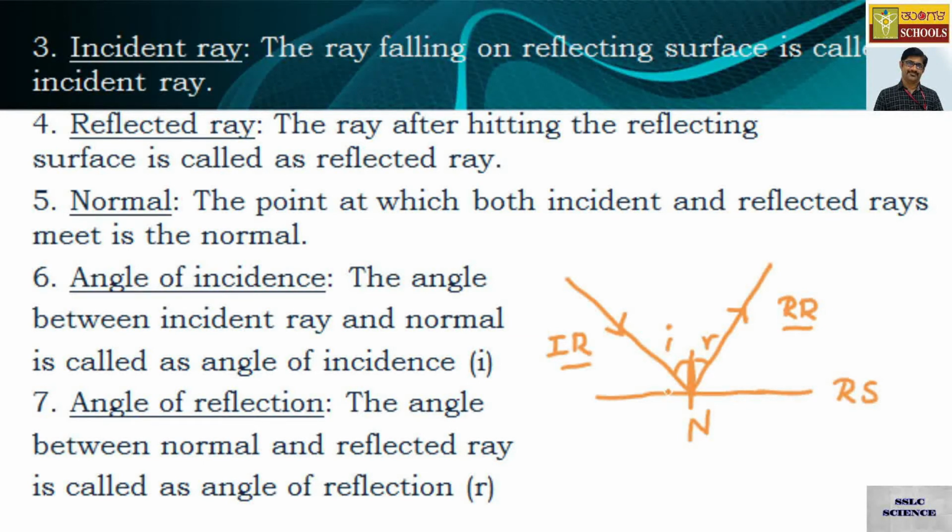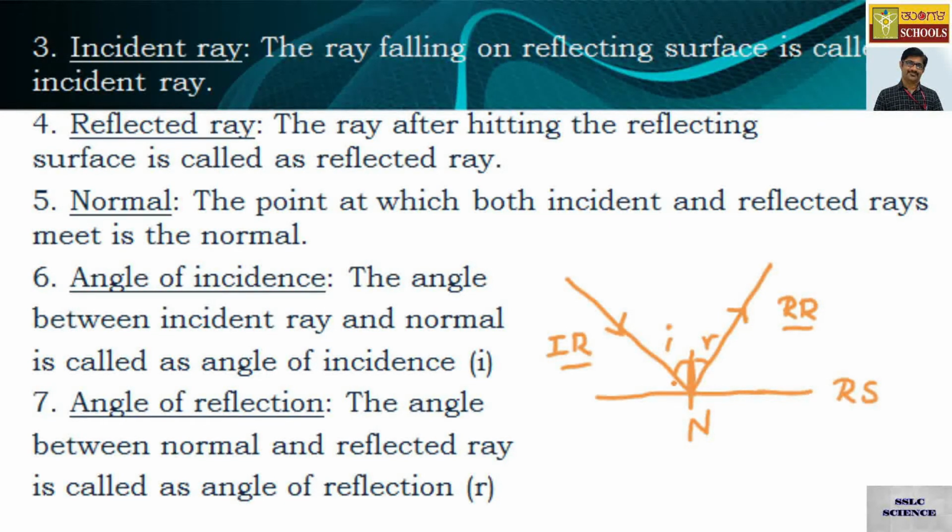So incident ray is nothing but the ray which is falling on the reflecting surface. Reflected ray means what? The ray which is moving after hitting the reflecting surface, that is a reflected ray. Normal, it is the point in which both incident and reflected rays meet.